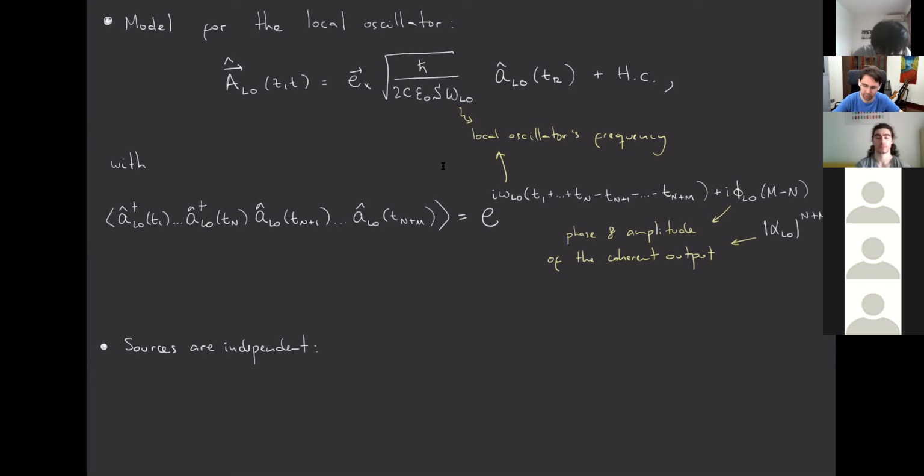So they are independent and their state is not correlated. And this means that if I ask you what is the expectation value of any operator related to the output of our source with any operator related to the local oscillator, this will factorize because the states are uncorrelated. So you will have something like this, and this is true for all times.